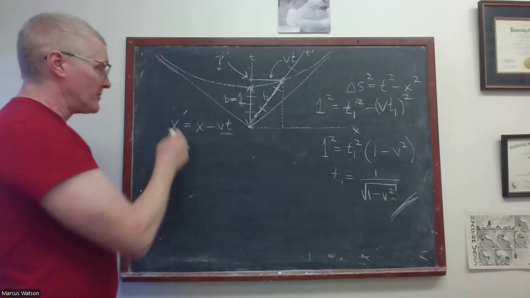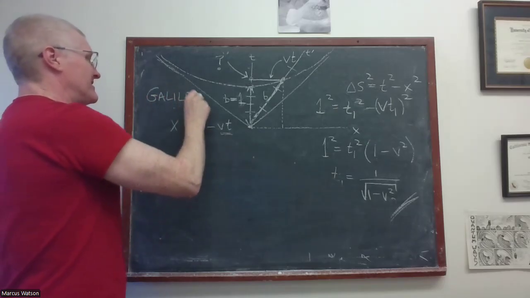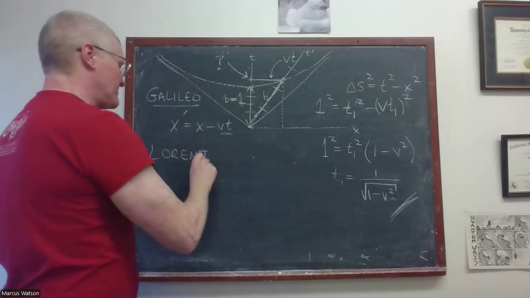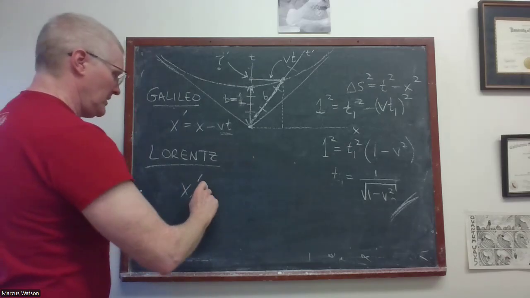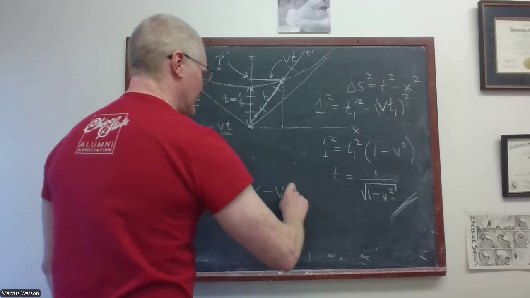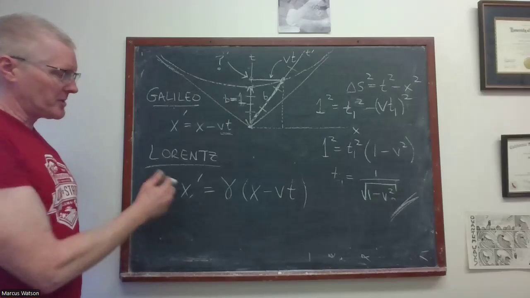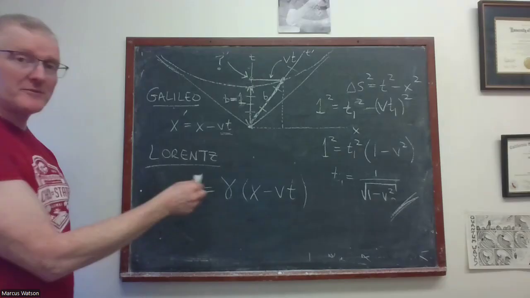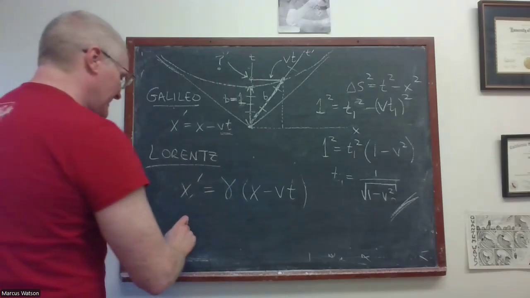But the Lorentz transformation, so that's Galileo, and now Lorentz comes along and says, actually, it's gamma multiplying x minus vt. Like that. Okay, so this is a Lorentz transformation, and it tells you how x and t can be transformed from one coordinate system to another to give you a distance and a time.